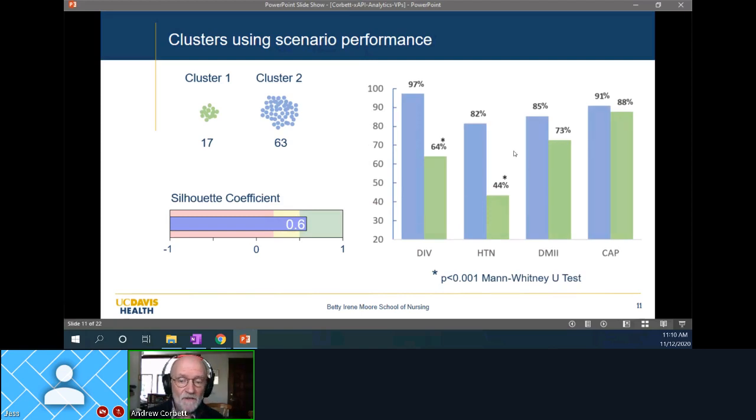And that gives us a very different picture. These green bars are the smaller group, and then the blue is the larger group. And a number of things become apparent. First, that what we saw when we put them all together was actually hiding a subgroup of students that were consistently doing less well than others.